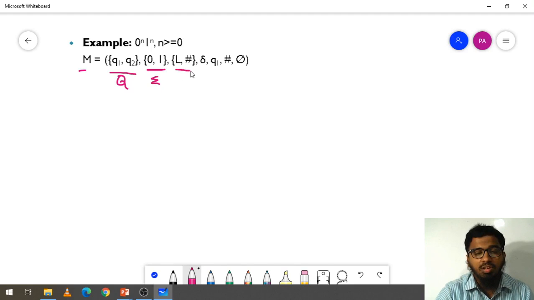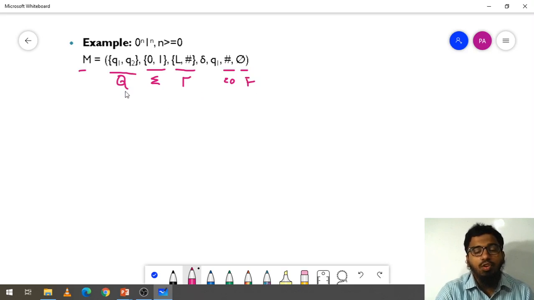And this is tau, this is delta, and this is the initial state, and this is the initial stack symbol. We will consider this like you can consider T0 or Z0, I am considering Z0, and this is the final state, okay.